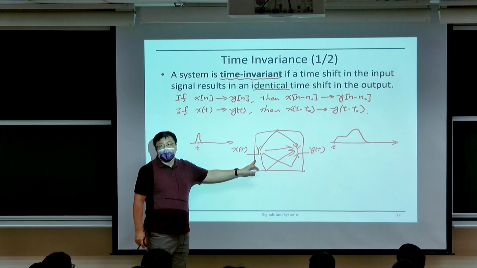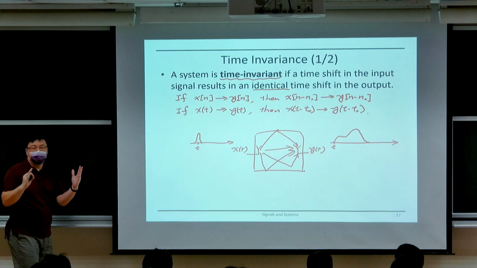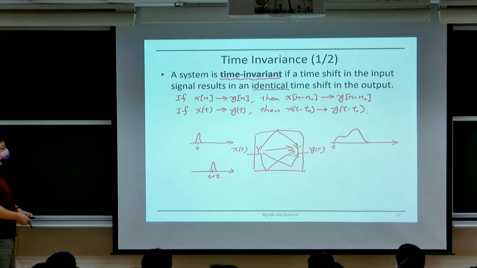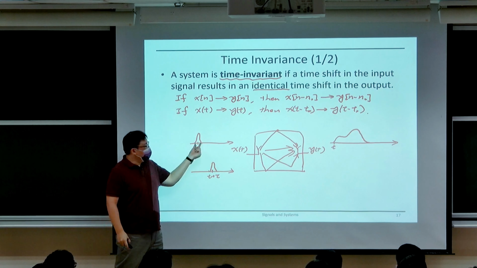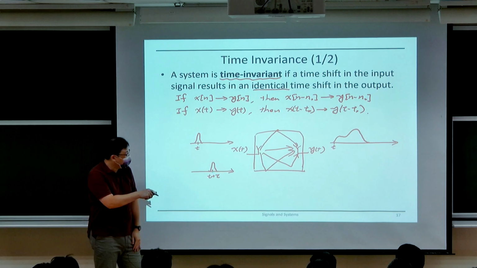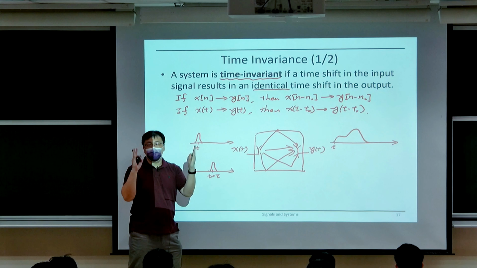Now, suppose that this is a well-sealed chamber so that nothing is perturbed inside, okay? So then if you instead input a pulse at some time t plus tau, right, suppose you insert the same signal x of t delayed by tau, okay? You insert the signal at time t plus tau instead, and this chamber is perfectly sealed.